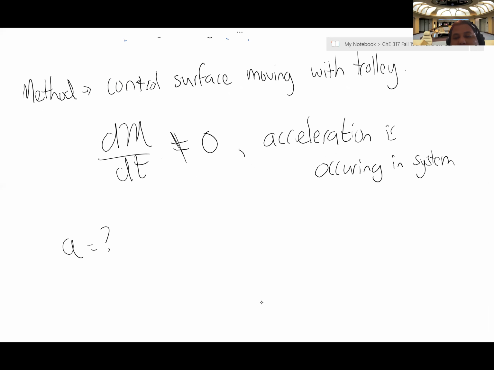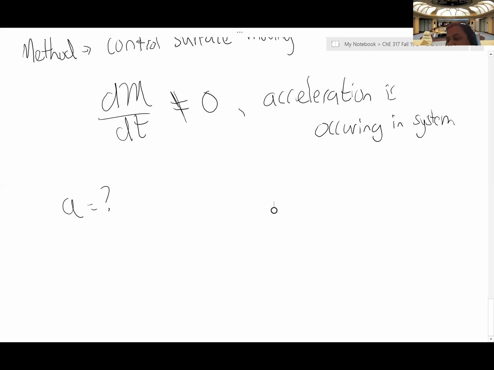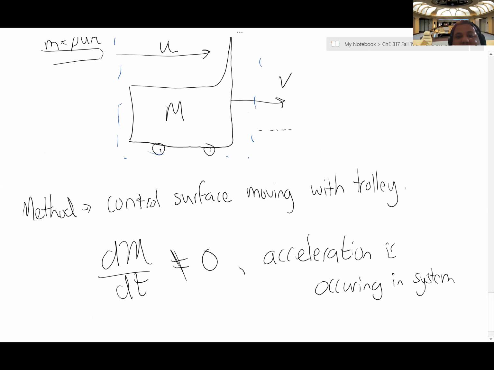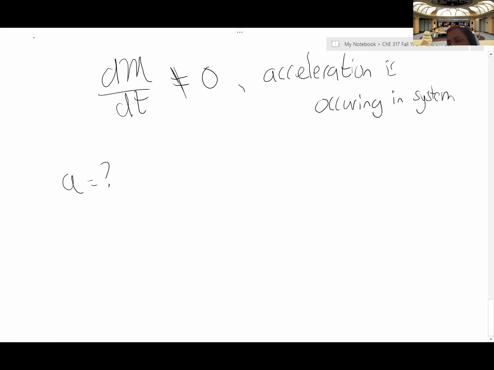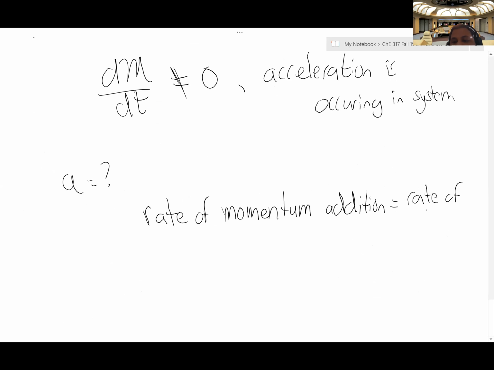What I would have to consider is, since I have accumulation of momentum happening in my system, which is causing my trolley to accelerate and move at some velocity v, which in this instance would be changing over time, I would state that the rate of momentum addition would equal the rate of momentum accumulation.